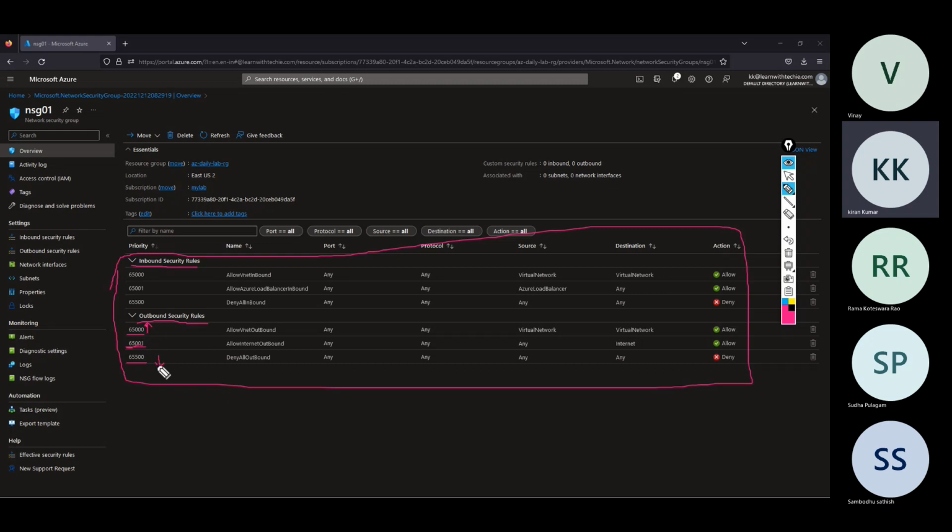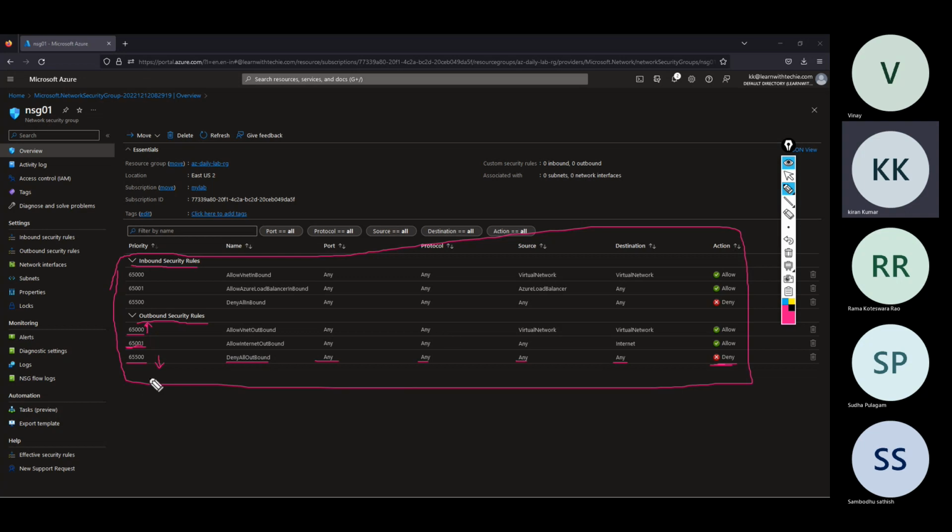What is the first rule? 65,500 is Deny All Outbound, any port number, any protocol, any source, any destination is denied. I don't want to allow any traffic, any port number, any protocol. That is by default.